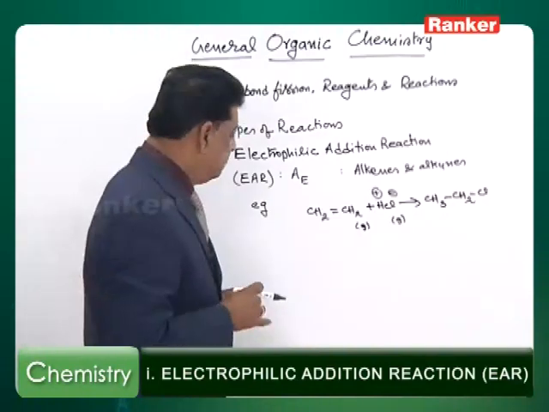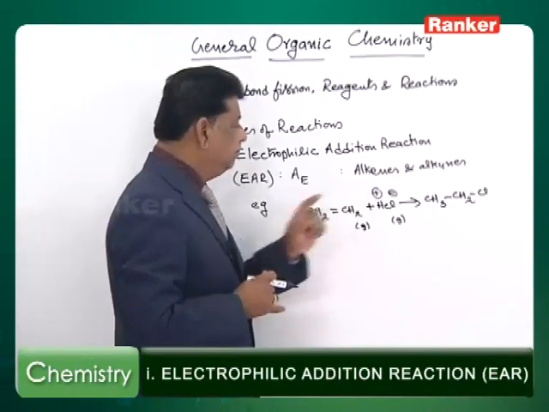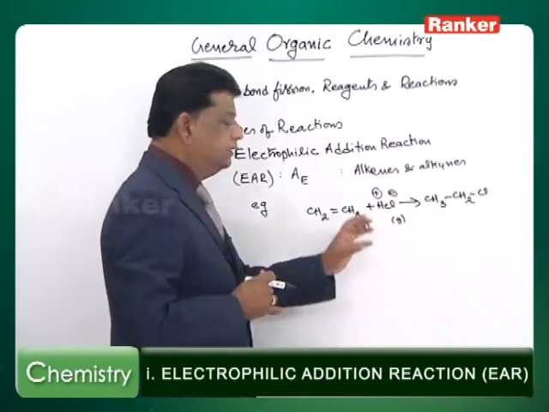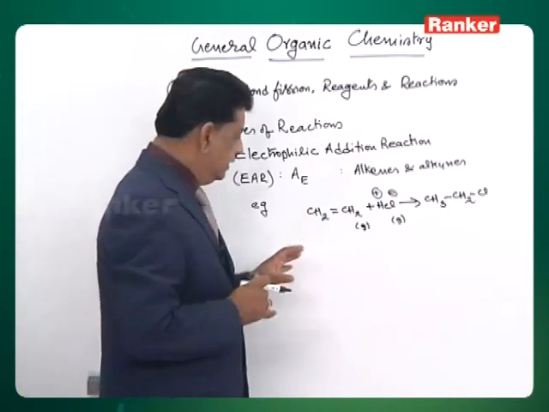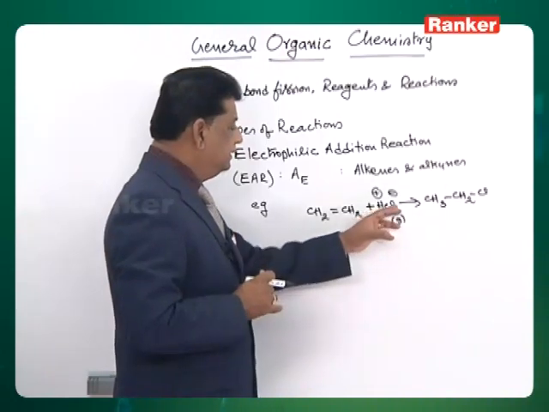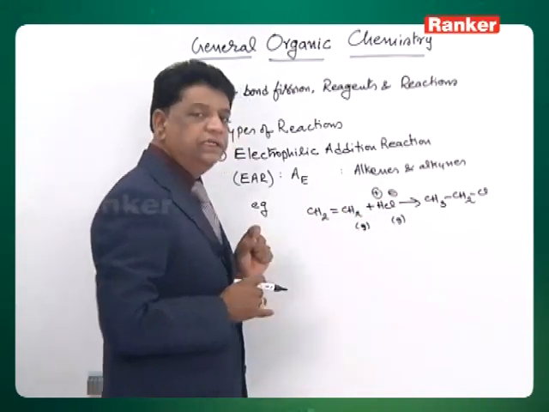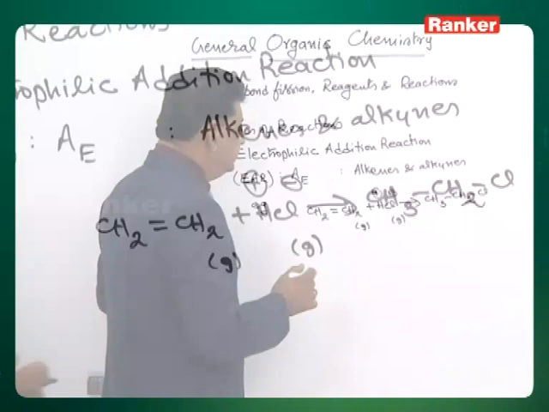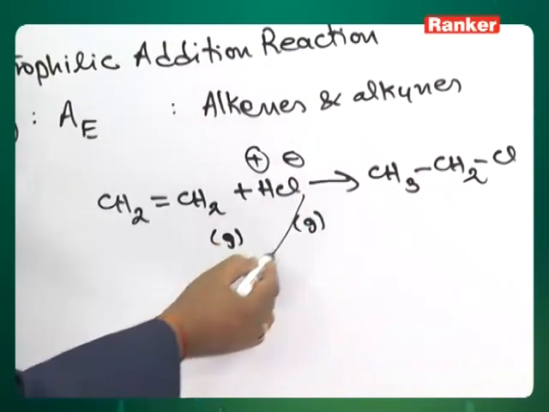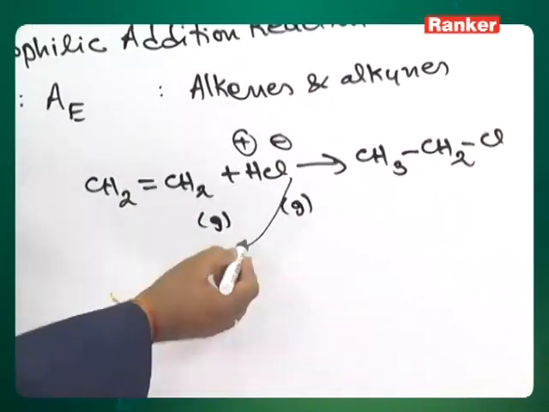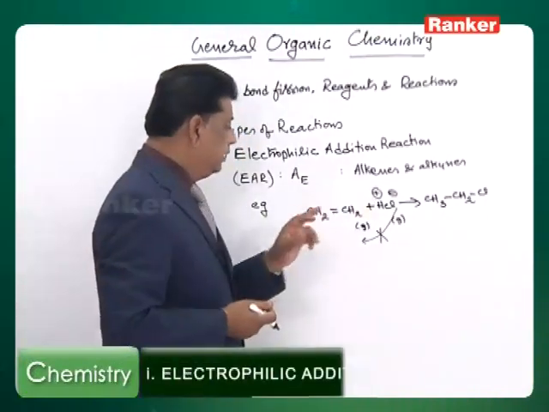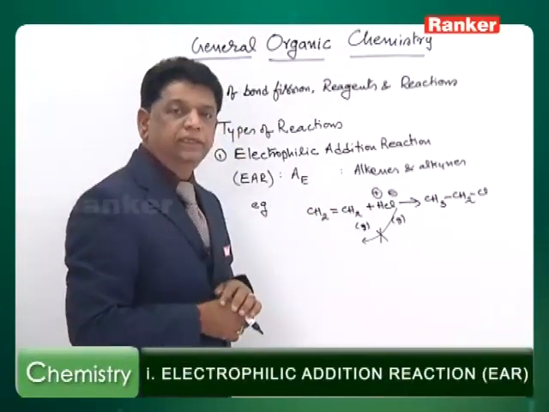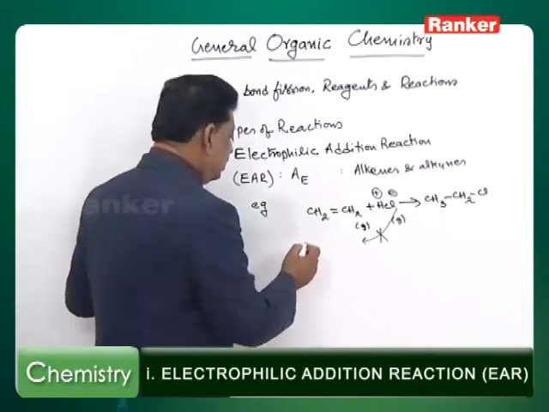When ethylene is passing in a gaseous state or in a solvent, when HCl ions are approaching this ethylene, say the Cl is coming closer, ethylene is repelling the Cl, because ethylene is also considered as an electron rich molecule.